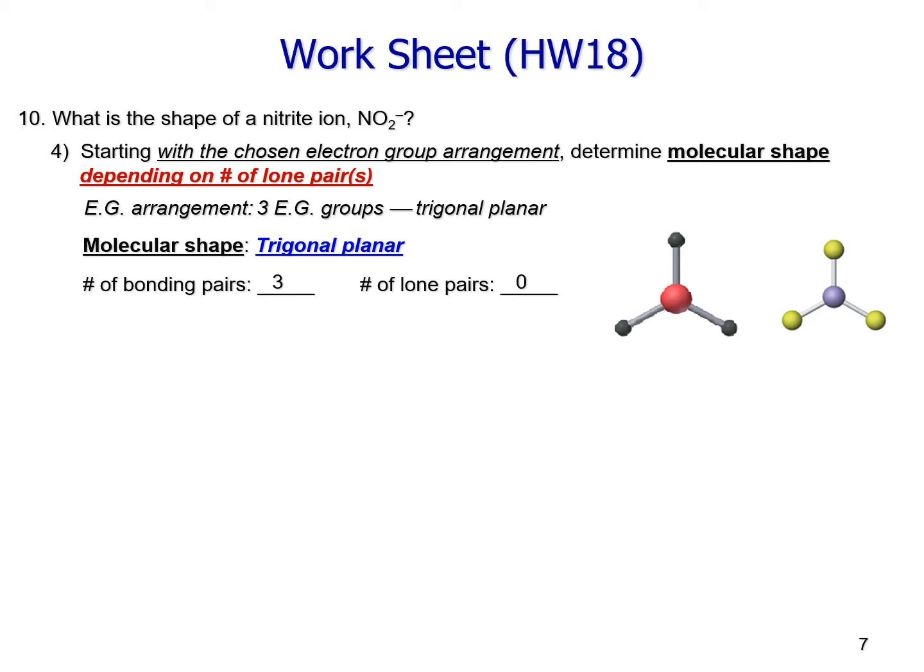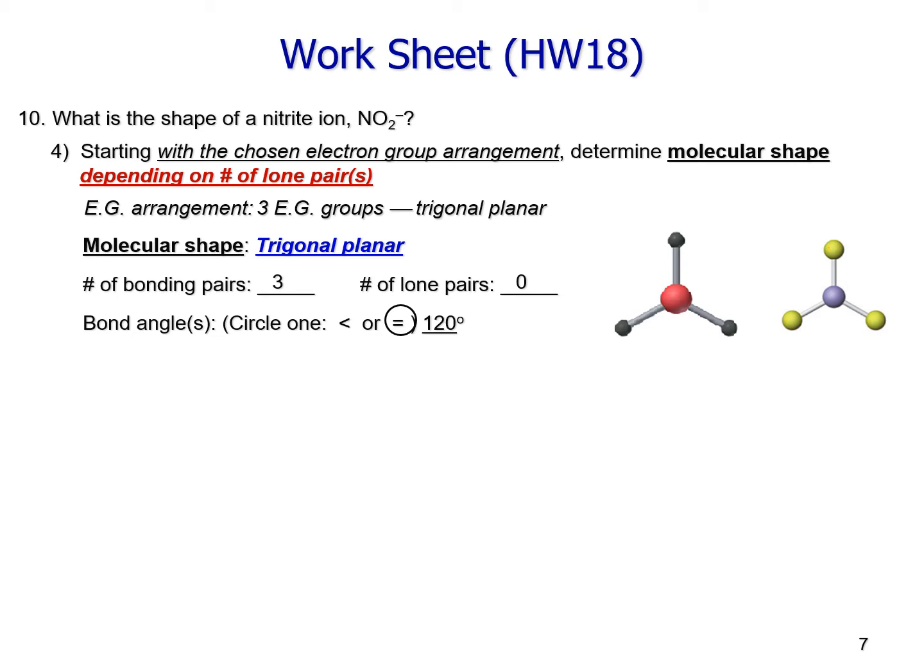Because we got 1, 2, 3 terminal atoms. 3 terminal atoms are 3 electron groups. They are all bonding pairs. Bond angle is going to be equal to 120 degrees, because this is one of the most symmetric geometries that we can have.